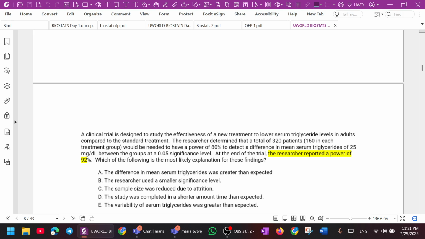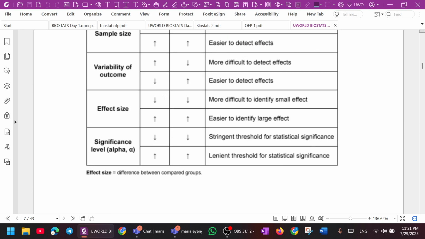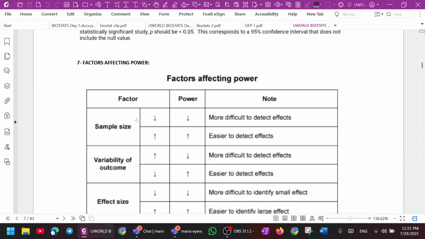What are they asking for? At the end of the trial, power is 92%, but they haven't highlighted whether the power increased or decreased.